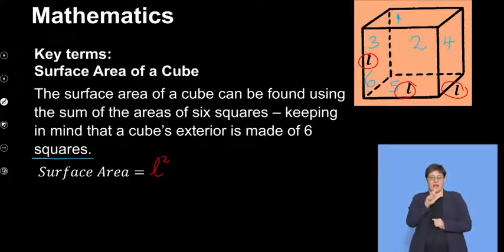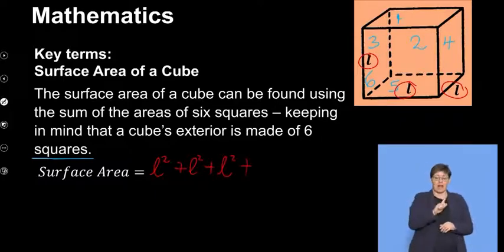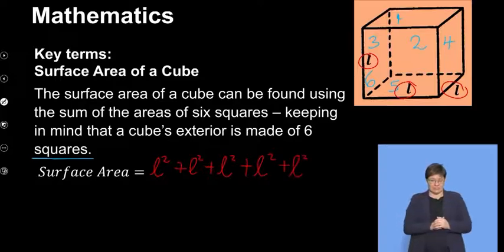If it was a rectangle, it's not the same distance, but because it is a cube, it's made up of squares, so it's length times length, which is length squared. Then I have to account for all of the other squares involved, because I know that there are 6 squares that have the exact same length.